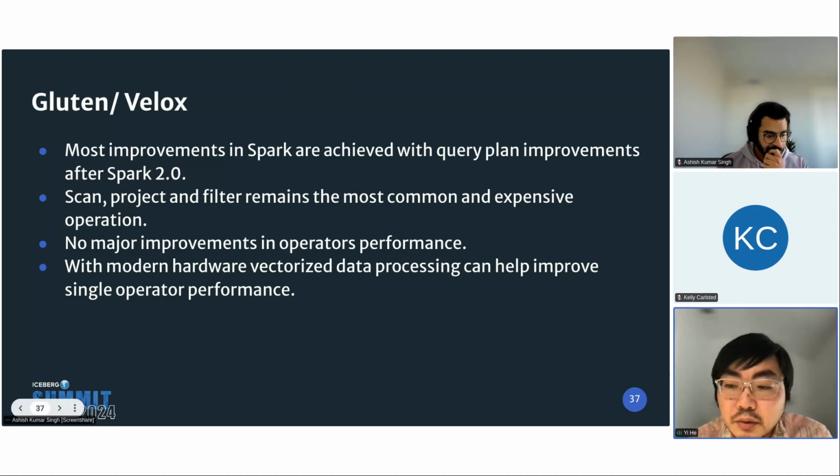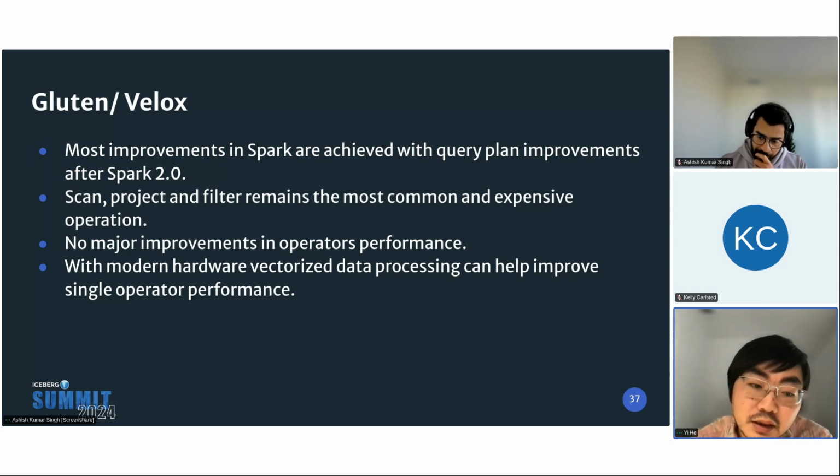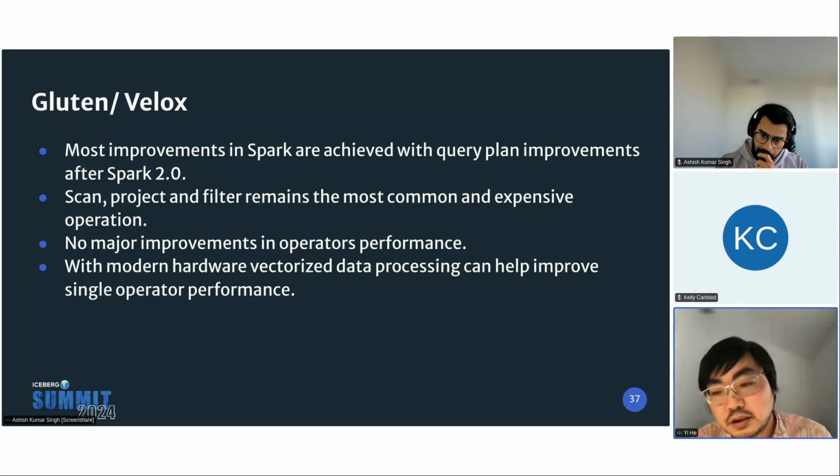But when we looked into it, we realized there is a bit of performance we can squeeze from these operators, especially scan, filter, and projection. Using native code and hardware vectorization, we often see 2 to 3 times speedup in these operations.